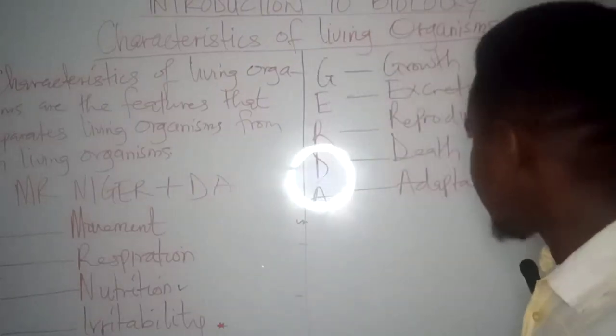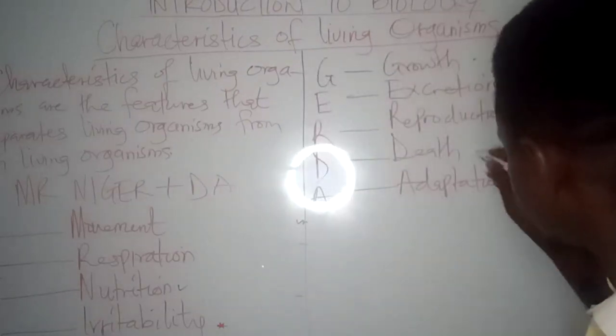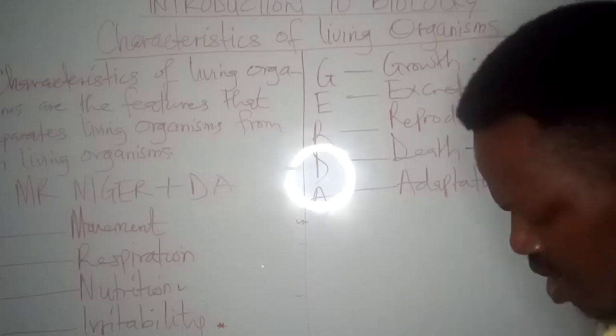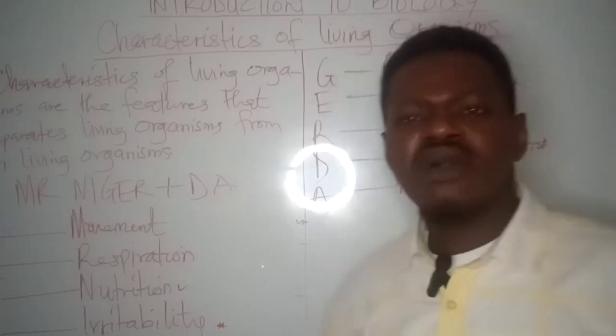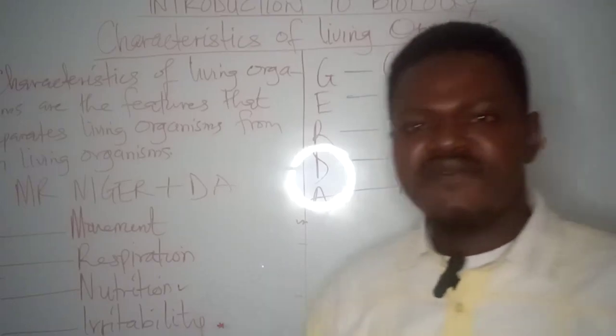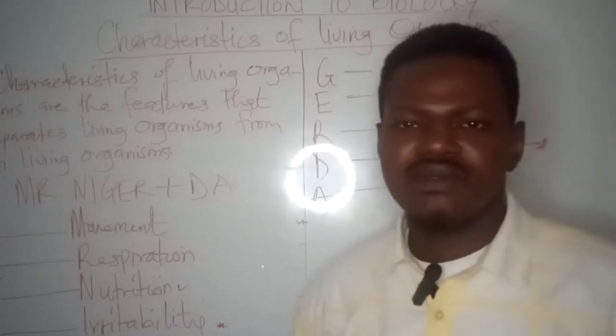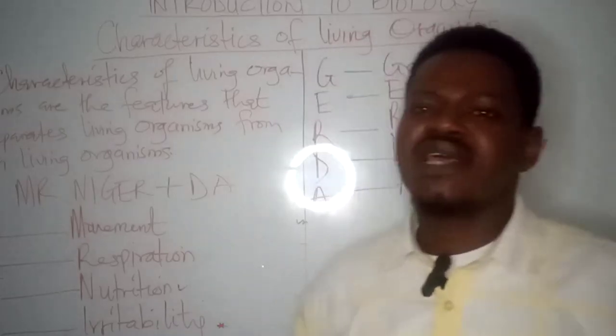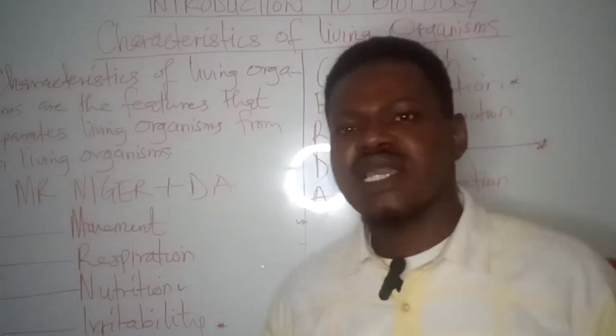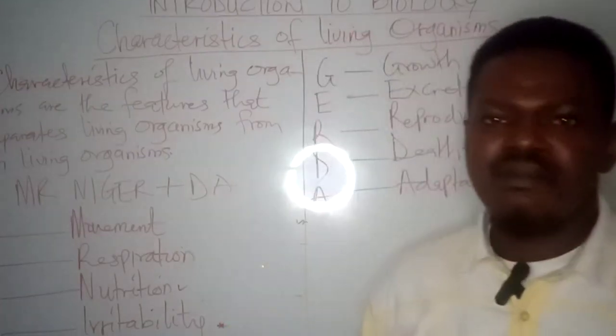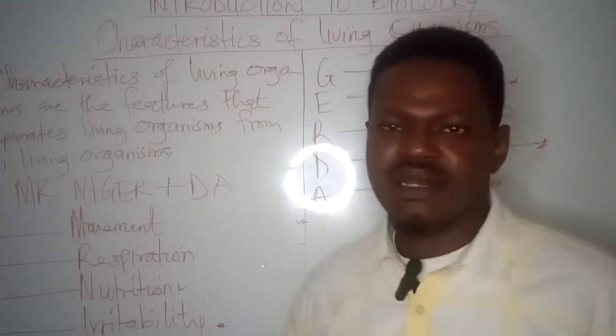The next feature of living organisms is death. Of course, all living things have a definite period of time for survival. Like most animals, for instance. Okay, let's use man, for instance. Science has made us to understand that man has what is called the lifespan.